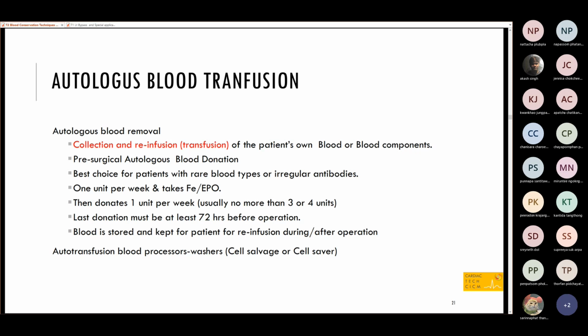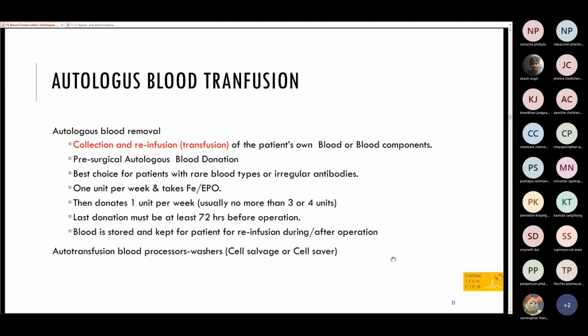It's like saving money in the bank, right? You save your blood in the blood bank, and when you need it, you use your blood from the blood bank.